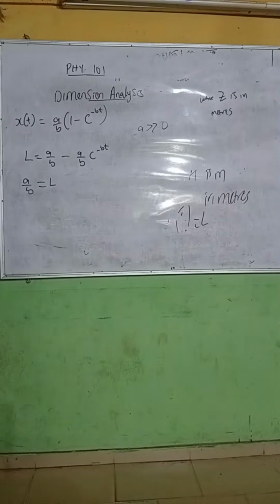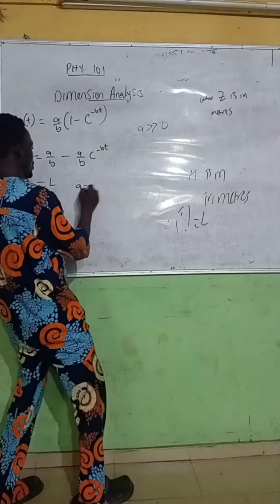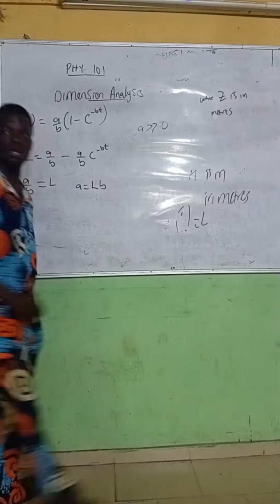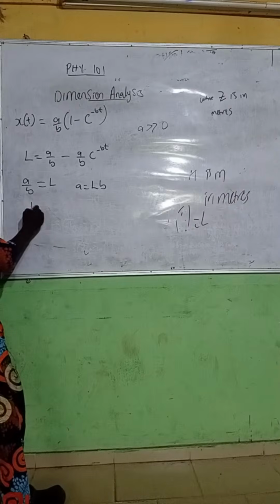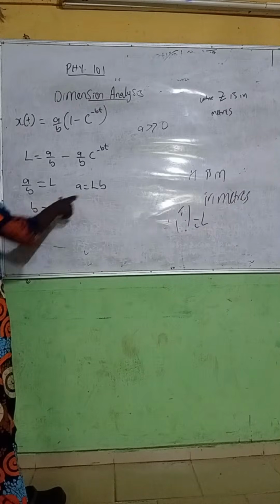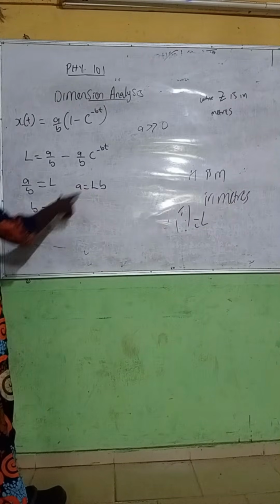Cross multiplying, a will give us LB, and b, make b the subject of the formula. What do you get?